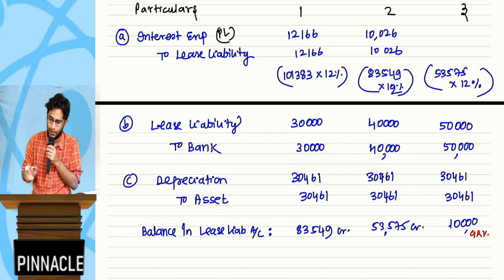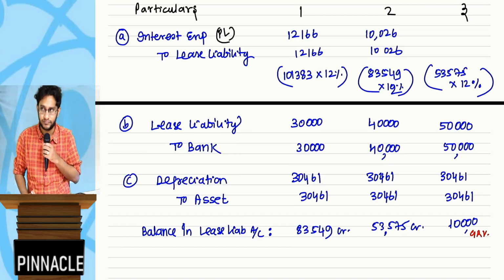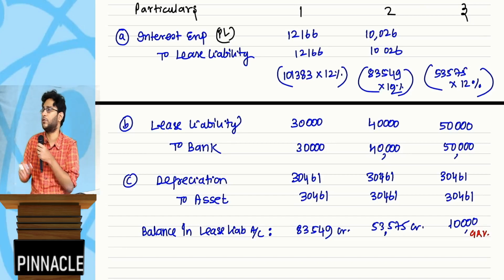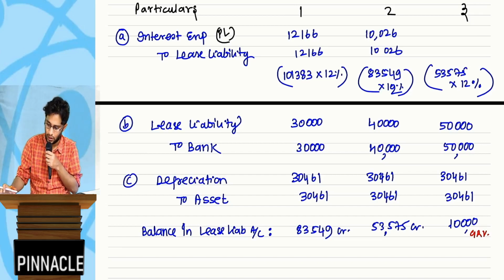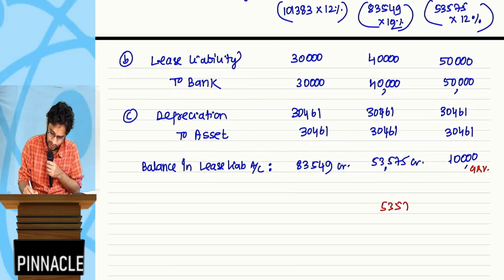Only 50,000 you paid. Sir, interest, how much I should write? Interest, sir, is the balancing figure, because I want my closing balance to be the GRV amount. How much interest I should record? Originally, if I do 53,575 into 12%, it's coming to 6,429. If I write 6,429 it may not match. So work out correctly, sir. 53,575 is the opening balance of the lease liability. My closing should be 10,000.